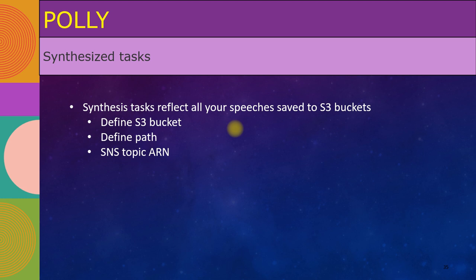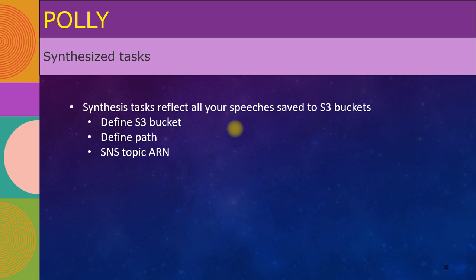And then the last thing it does is it has synthesize tasks. So what that means is that I could type down a sentence, some text, and I could specify an S3 bucket and define a path in the bucket, which is optional because the file will go into the bucket, and create an SNS topic where the progress of the job will go, and basically you could run the job.